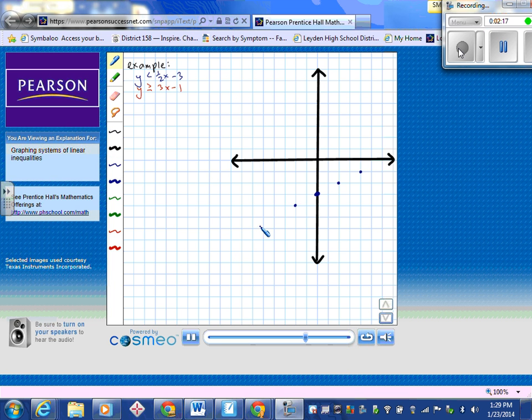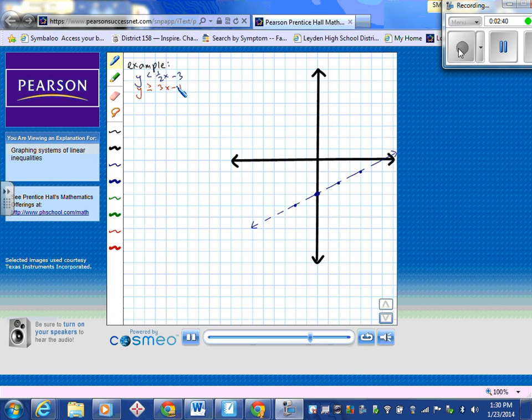Now we'll note here that because we're dealing with a less than graph, this line is actually going to be dotted and not solid. I'm going to go ahead and do some dotting here. There we go. So we have the dotted line, y is less than 1/2 x minus 3.